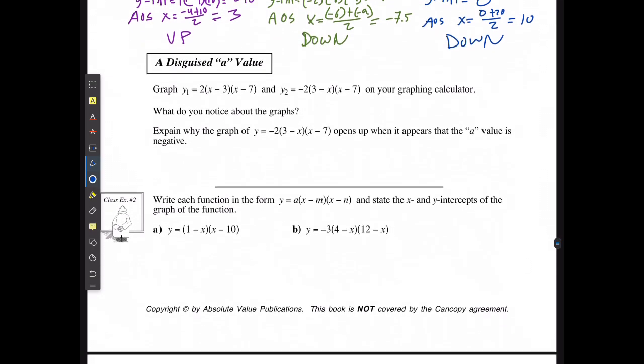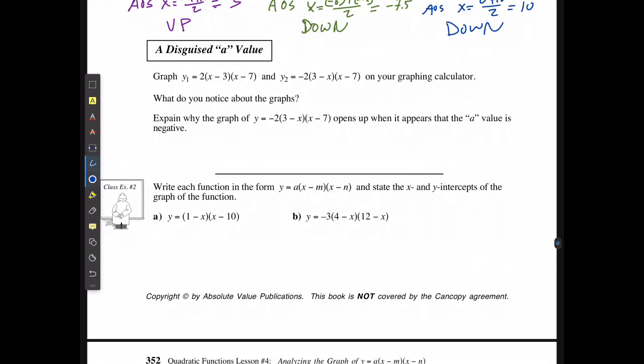Sometimes we wind up with a case where it is a disguised a value. If I look at these two equations, when I graph them out on my calculator, they look the same. If I'm trying to figure out why it is that they look the same, well, you can see in the second equation, something looks a little off, and that's because the second set is in the wrong order.